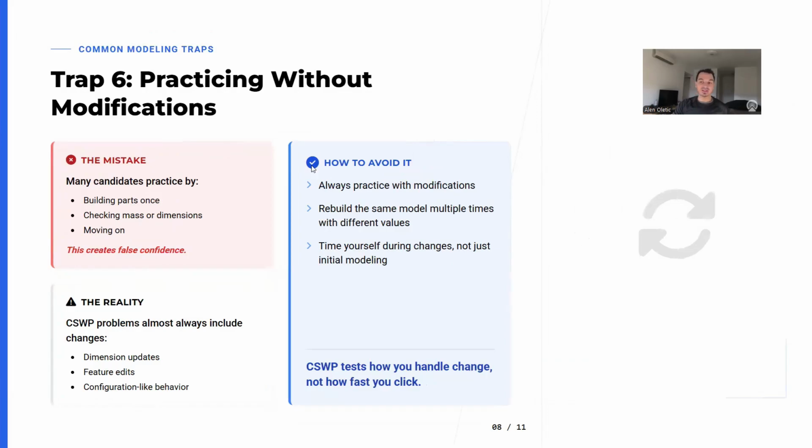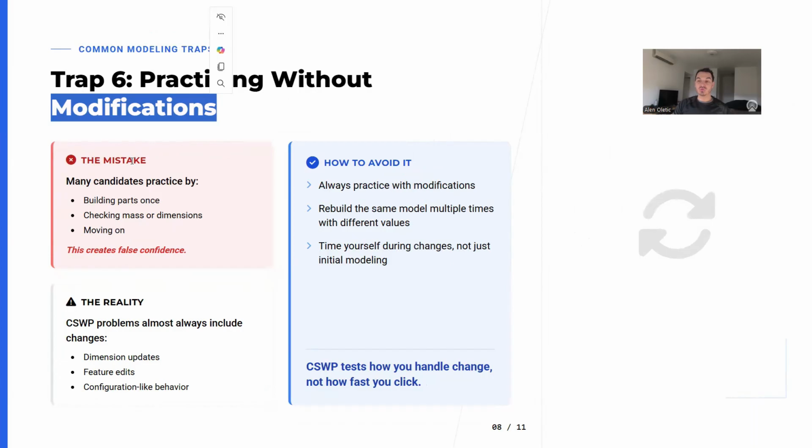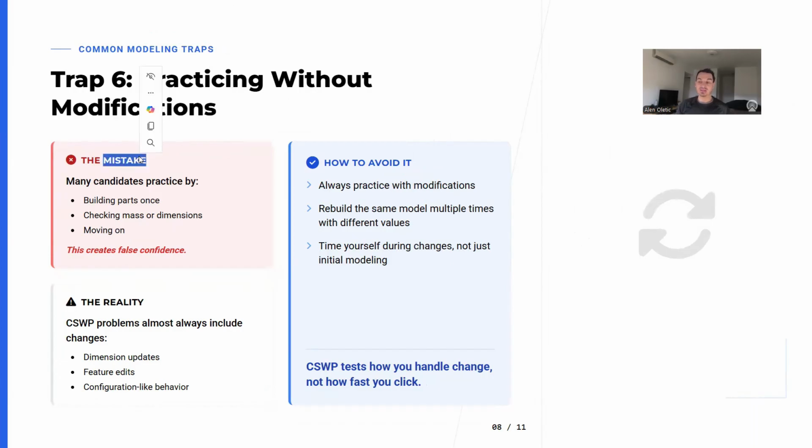Trap number six, practicing without modifications. One of the mistakes is that candidates practice by building parts once, checking mass properties, and then moving on. Because in reality, CSWP problems always include changes, dimension updates, feature edits, configuration-like behavior.